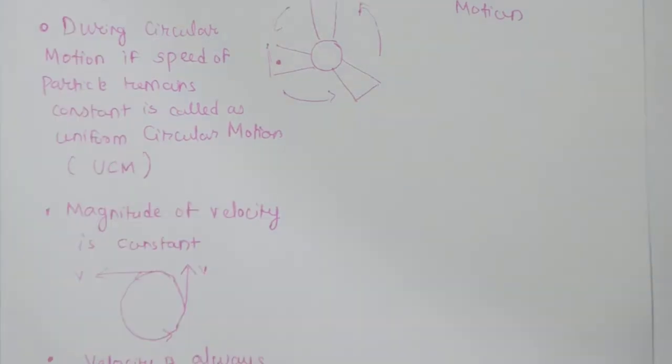So uniform circular motion is nothing but the speed of the particle remaining constant, the magnitude of velocity being constant, and velocity being tangential to the path. Whatever kind of motion it is, whether rectangular, triangular, hyperbolic, or parabolic, if the speed of the particle is constant it will be uniform motion. As we are studying circular motion, that's why we use the term uniform circular motion.